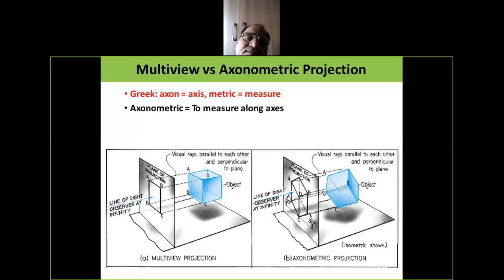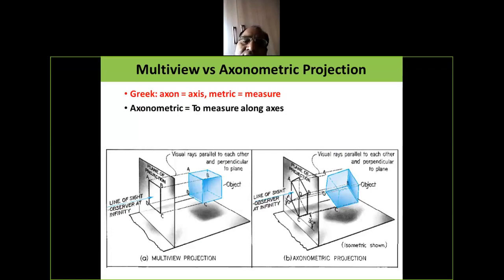This is a type of multi-view projection in which if a square hexagonal is put in front of the vertical plane and at the same time perpendicular to the horizontal plane, we get the true length of the object, say an object like a square.